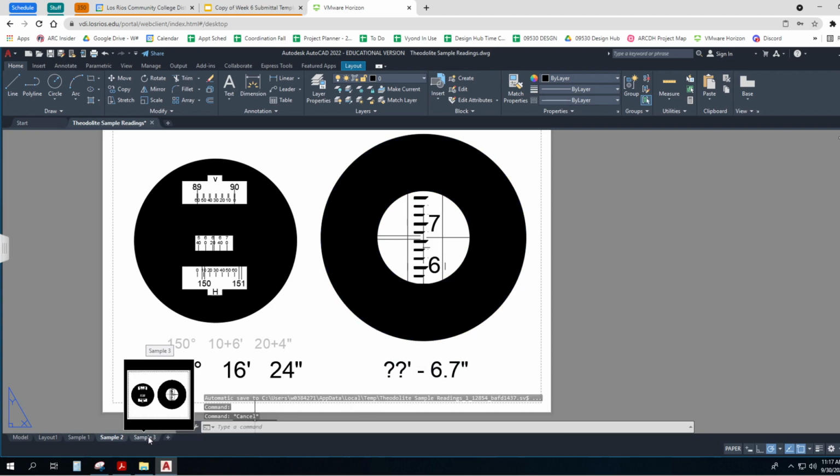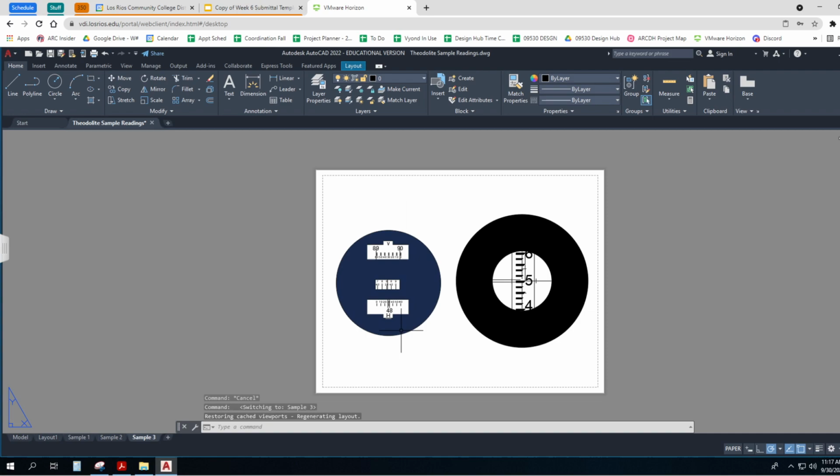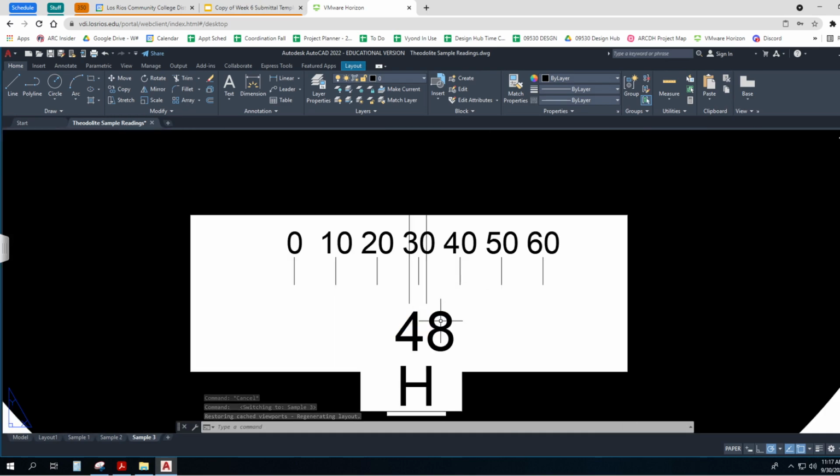Let's look at sample number 3 then. 48 minutes. Sorry, said that wrong. 48 degrees. Notice I don't see anything on either side right now.